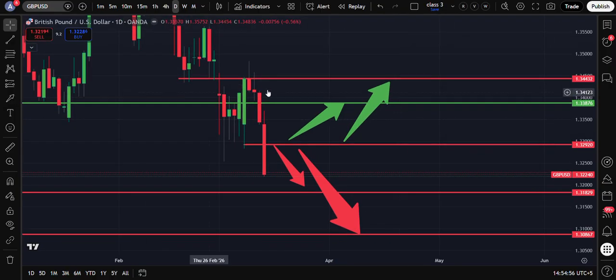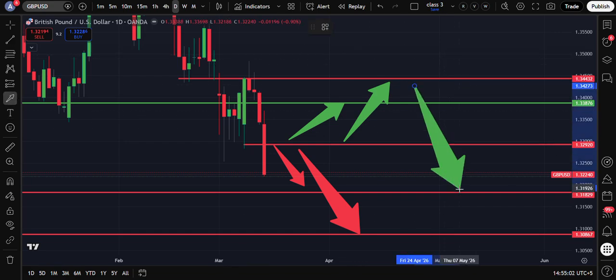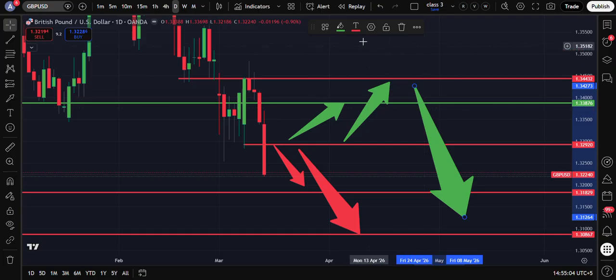Anyways, as long as we are below 1.34432, we will remain bearish. But a break above 1.32920 would be the beginning of a correction.